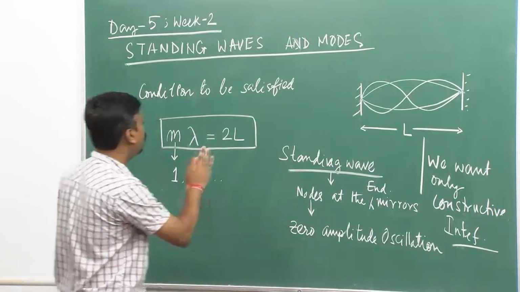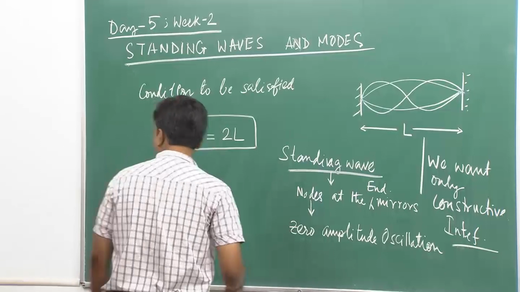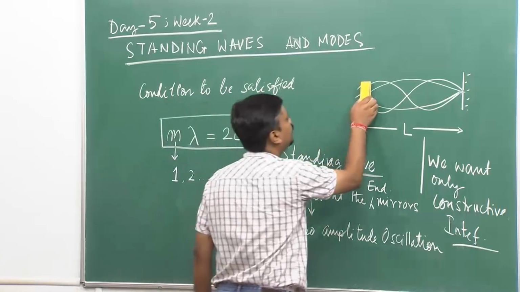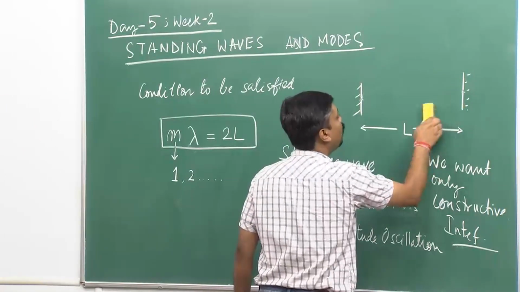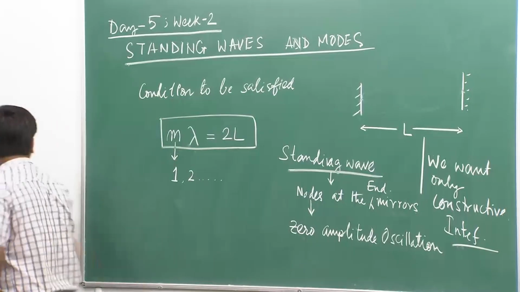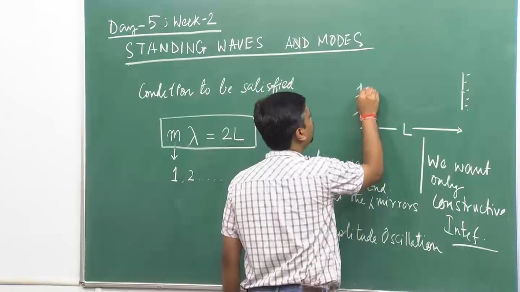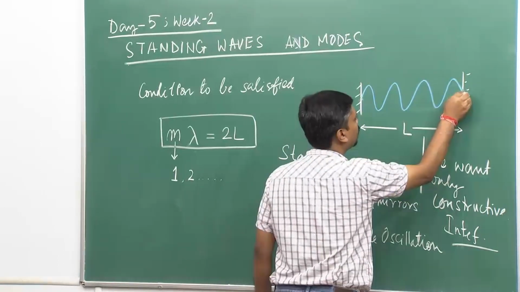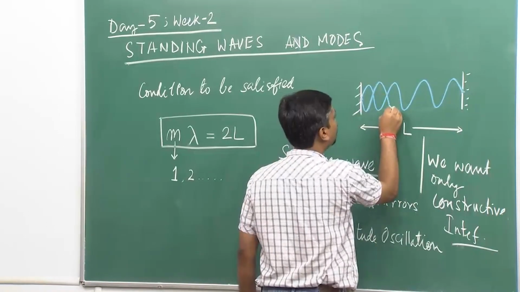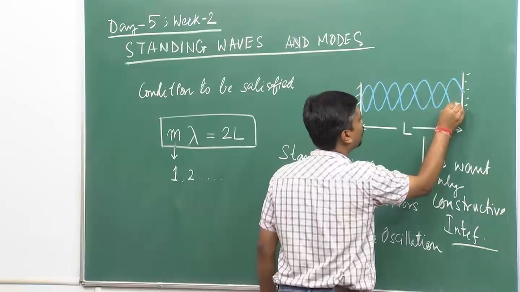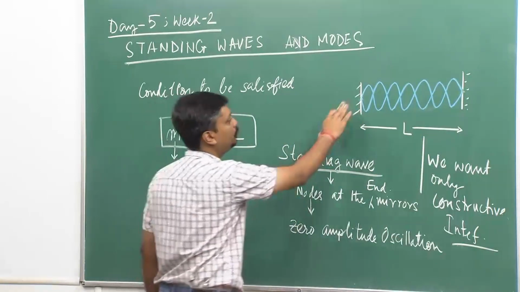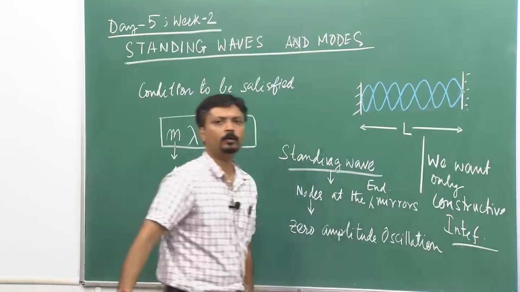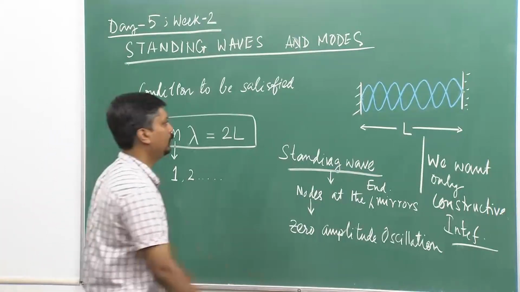If I write any general mth mode, that would mean that I will have m number of oscillations before it goes to the 0 amplitude oscillation point, that is the 2 nodes.